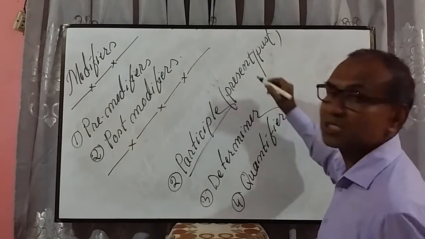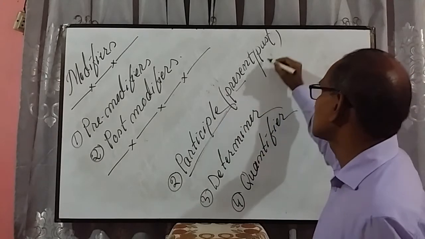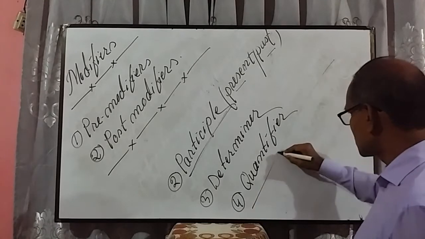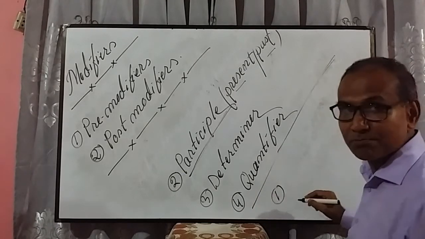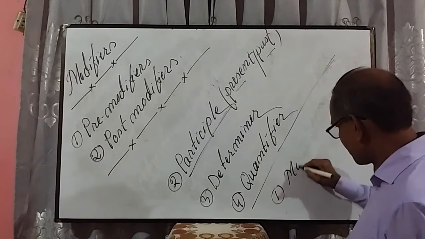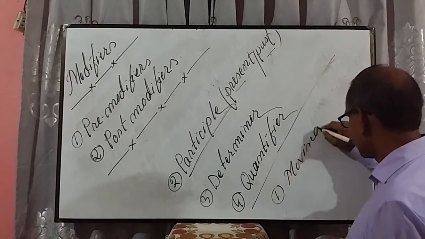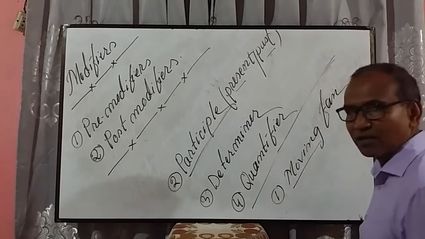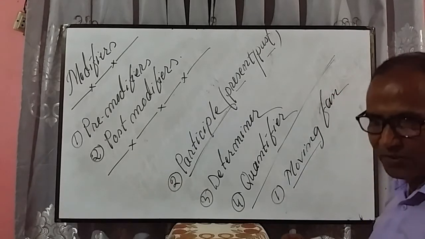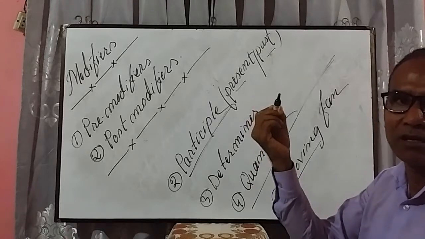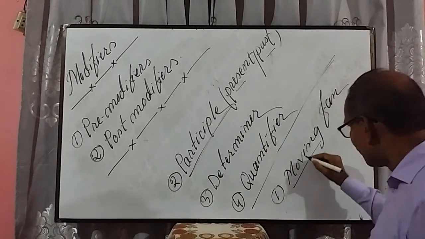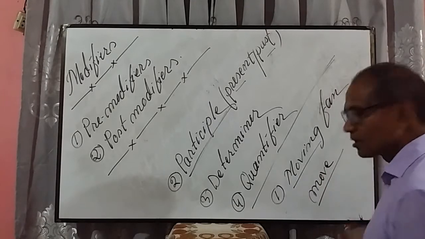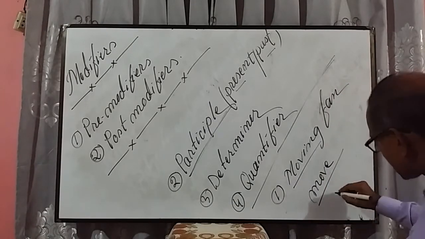Participles are of three kinds: present participle, past participle, and perfect participle. Suppose, pretty simple: moving fan. What kind of fan? Moving fan. That means the fan which is moving. Move is a principal verb.